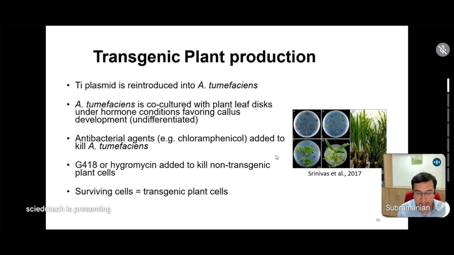That's the selection marker gene that you have on the tDNA plasmid. You have genes that encode hygromycin resistance, for example, that enables the plant cells to survive on hygromycin. So all non-transgenic plant cells do not survive, and what is surviving is the transgenic plants.